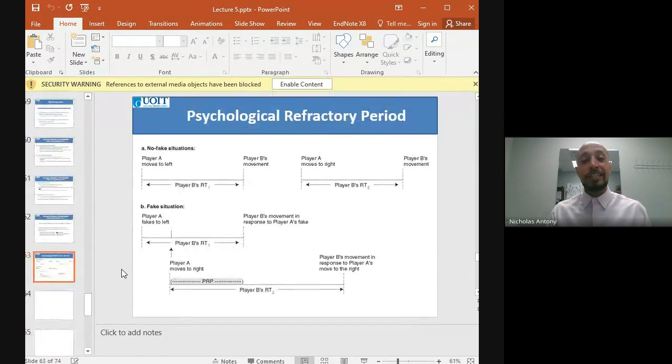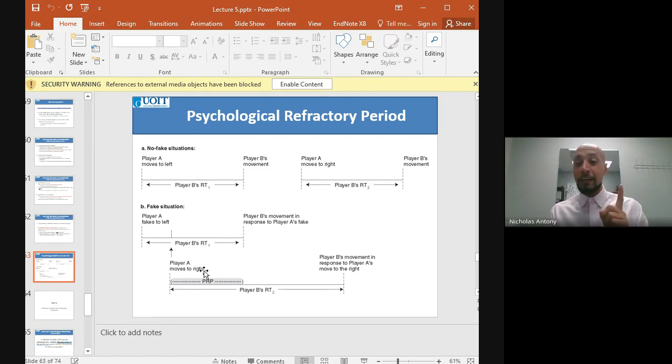The way they did this study was super interesting because they looked at the reaction time when a player goes to the left or to the right, so there's no fake. Whether I went to the left or to the right, your reaction time, Zafir, was, let's say, 1 second.